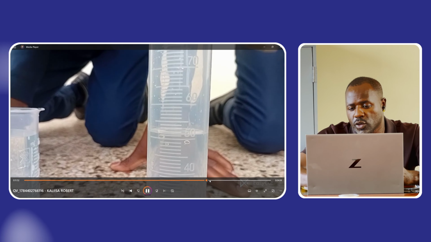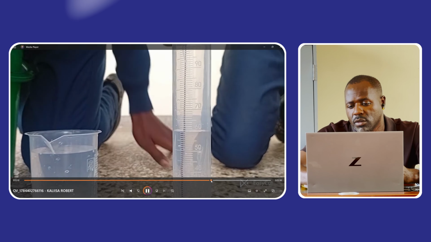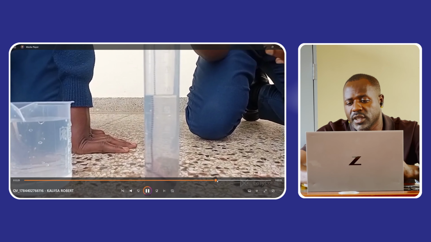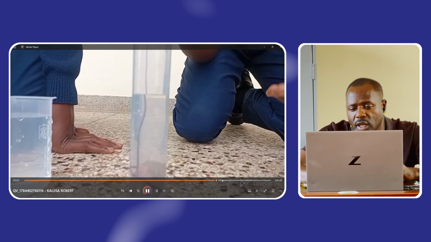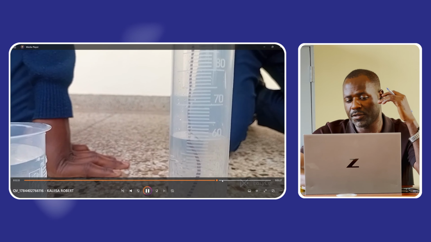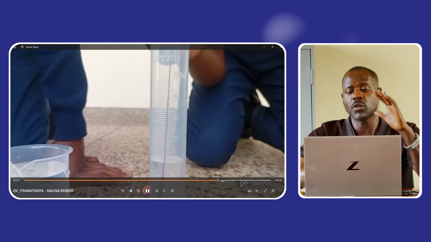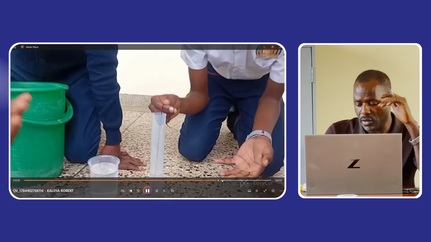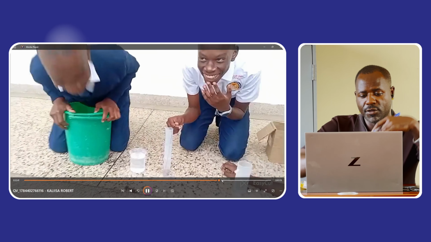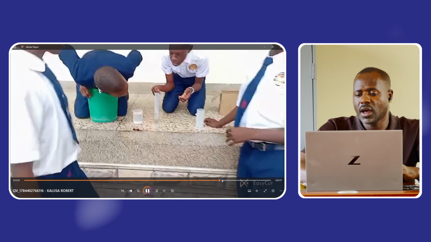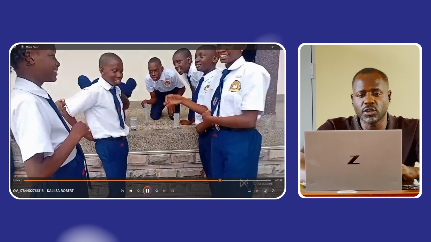You see they were on the ground reading from the beaker instead of the measuring cylinder. Those are some of the observations I saw from the video of teacher Kalisa Robert, or what we can call video 1.